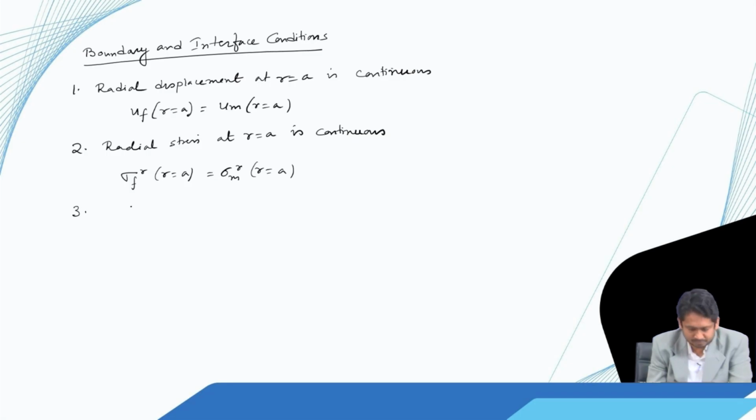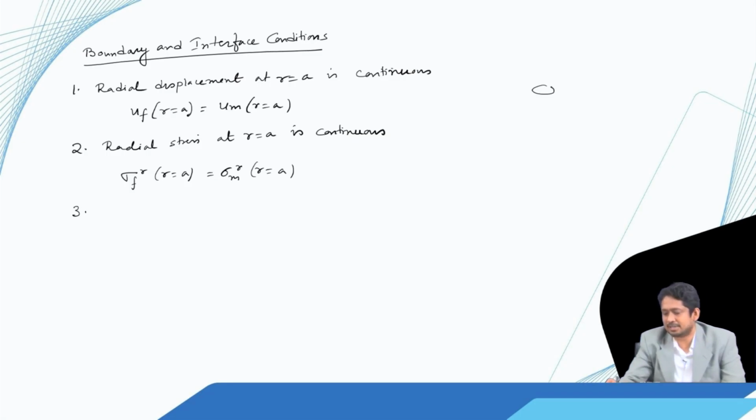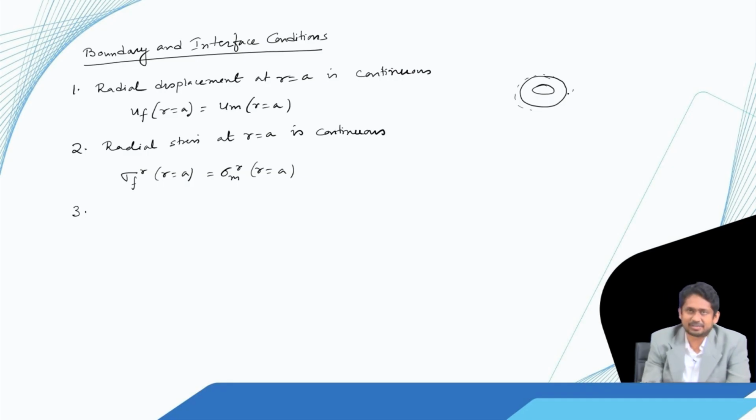Then the outer surface of the cylinder. So, we have inner surface at the fiber and outer surface at the matrix. So, the outer surface of the matrix does not have any traction force applied. So, it is stress free.